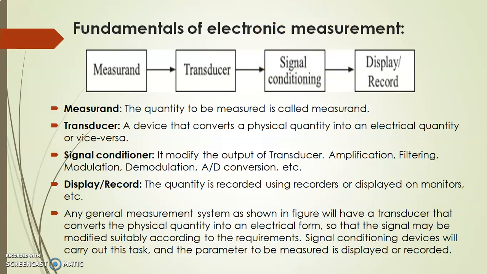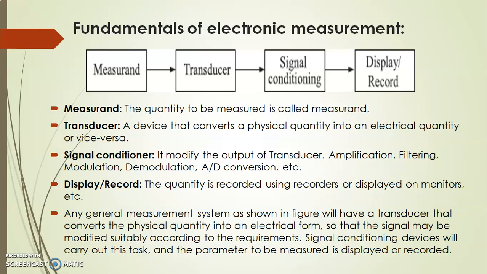Now, the next block is transducer. Transducer is a device that converts a physical quantity into an electrical quantity or vice versa. Transducer converts one form of energy into another form of energy.